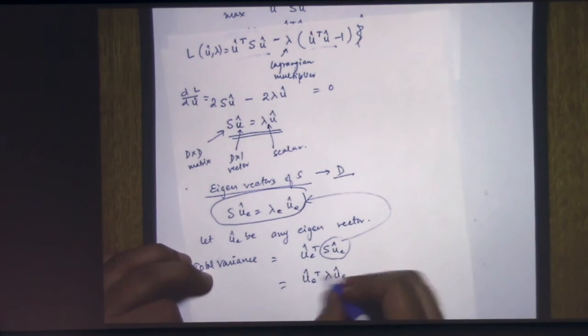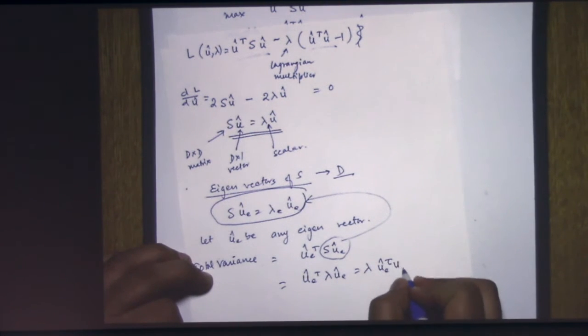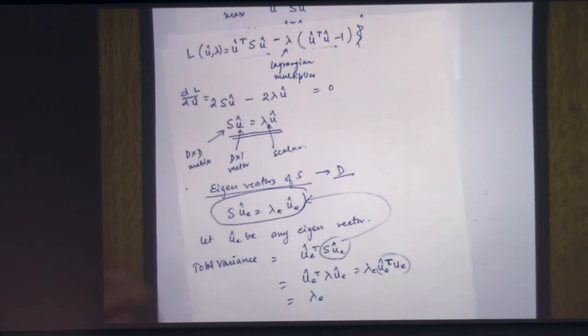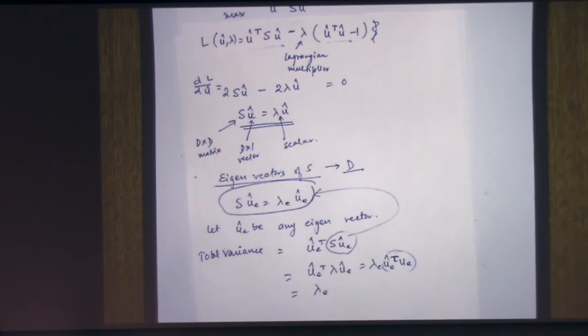Lambda is a scalar, so I'll bring it here. And because it's a unit vector, this is 1, so it's nothing but lambda E. So there are d possible solutions, but the eigenvector that will give you the maximum variance is the eigenvector which has the highest lambda E, right?